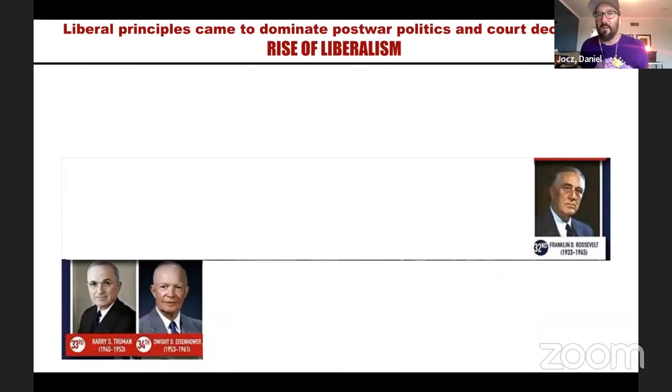It came to dominate post-war politics and court decisions. We're talking post-World War II, the presidencies of Franklin Roosevelt, Harry Truman, and Dwight Eisenhower. Even though Eisenhower was a moderate Republican, so he doesn't really factor into the rise of liberalism, he's not going to turn back the clock to the way things were before Truman or Roosevelt.